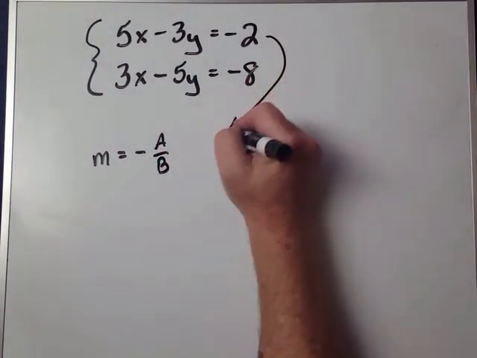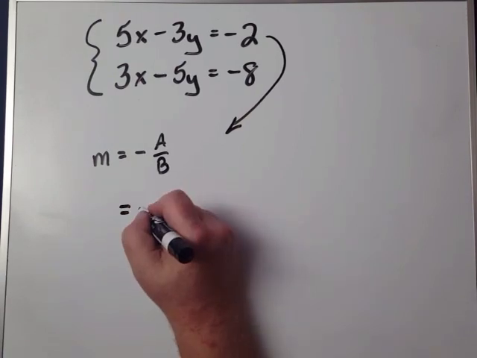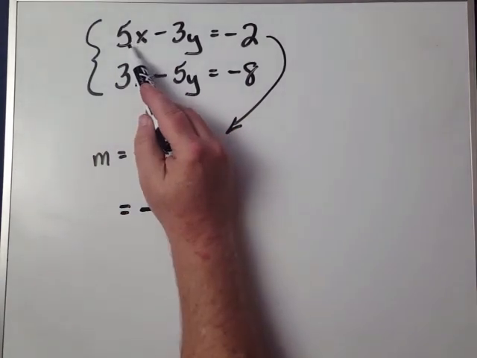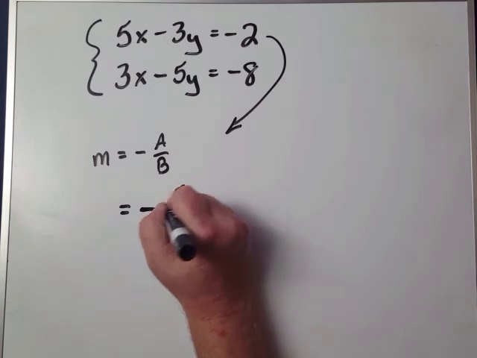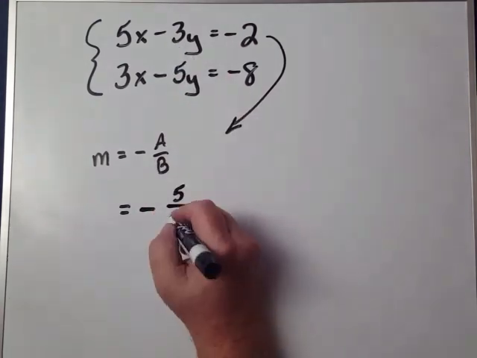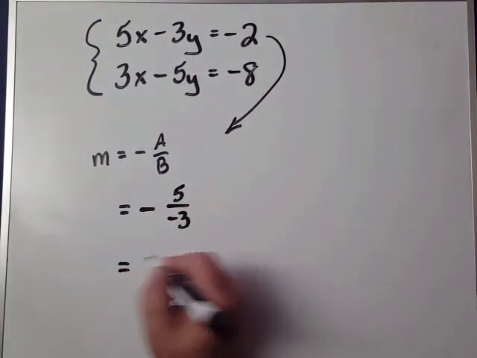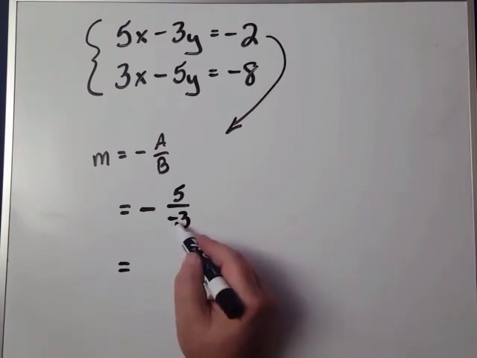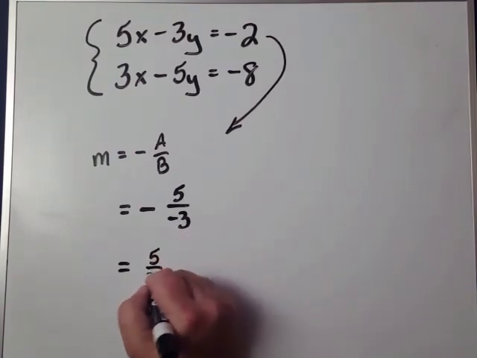So for my first line, that's going to be negative, the coefficient on x is 5, over, the coefficient on y is negative 3. The slope of the first line is going to be what? Positive 5/3.